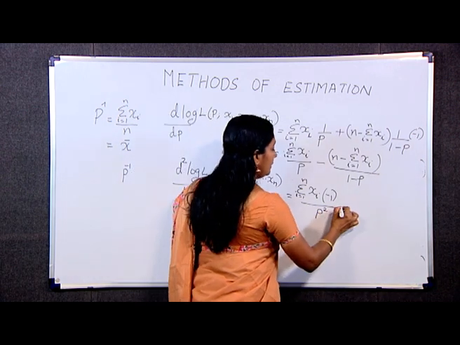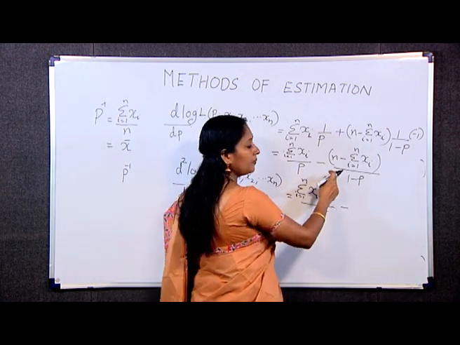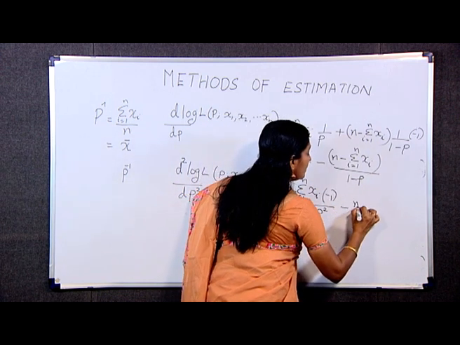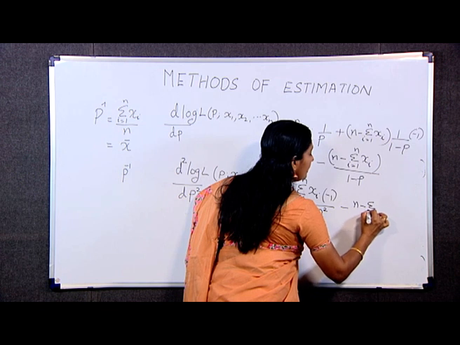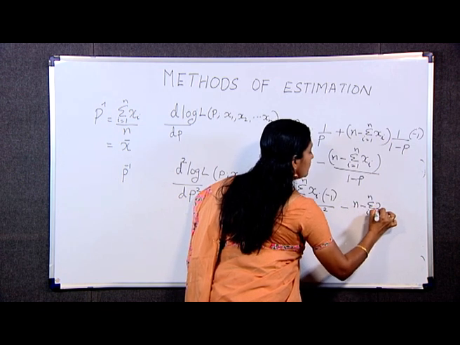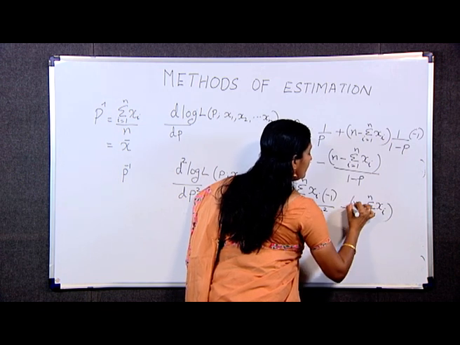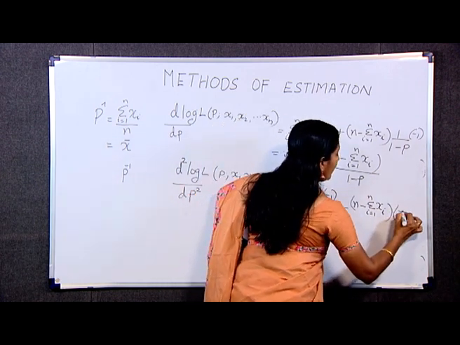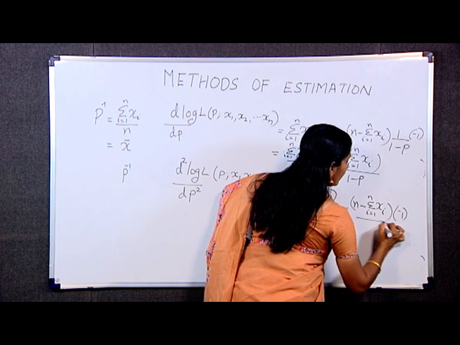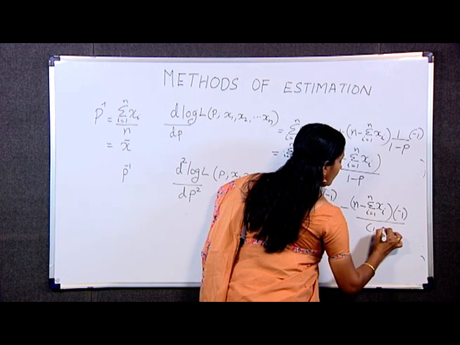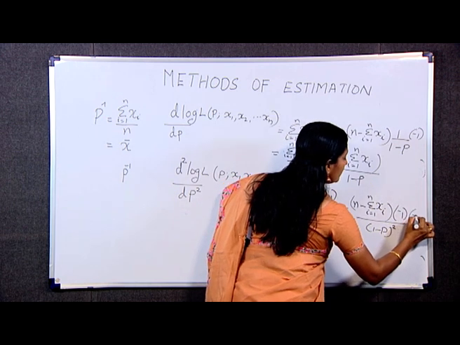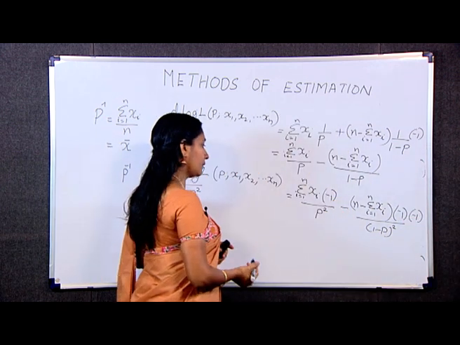And similarly, the derivative of the second term with respect to p, it is minus (n minus summation i = 1 to n xi) into derivative of 1 by (1 minus p), which is minus 1 by (1 minus p) all square into derivative of minus p, it is minus 1.